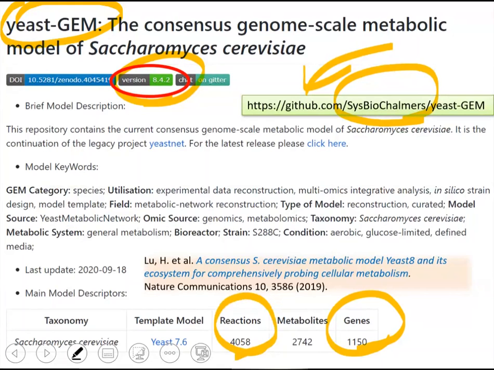The related paper was published in 2019: a consensus Saccharomyces cerevisiae model, Yeast 8, and its ecosystem for comprehensively probing cellular metabolism. This is the most recent version of the yeast genome scale metabolic network, and they continue to update it. If you are interested, you can check the GitHub page.